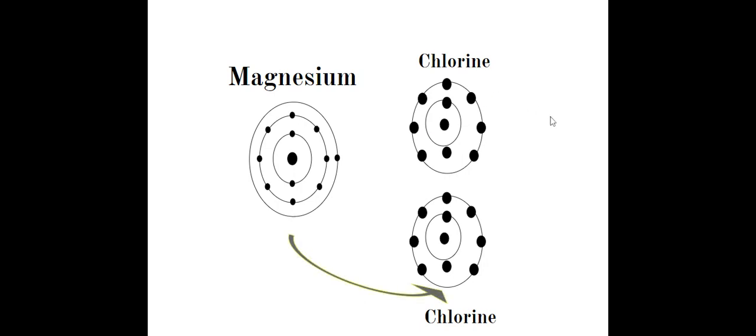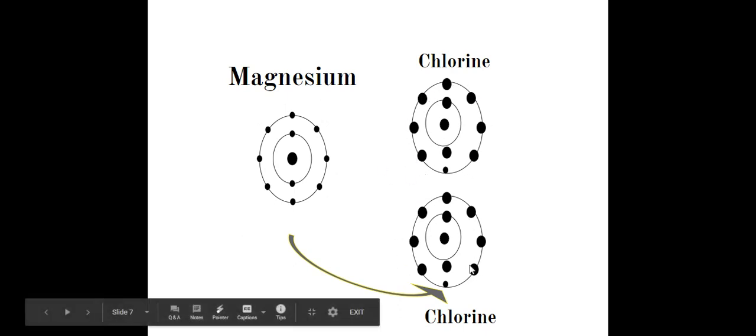So it will shed or transfer one of its valence electrons to one atom of chlorine, and it'll do the same with the second. And now again, we have a full valence shell of 8 on these 2 atoms of chlorine, and on this single atom of magnesium.